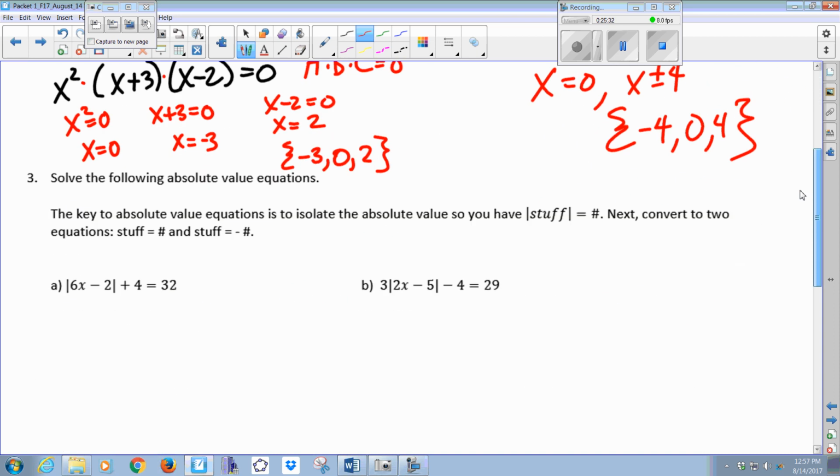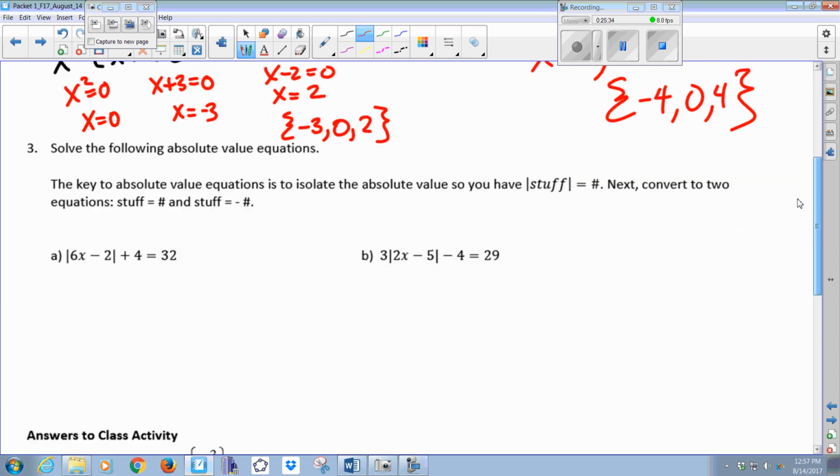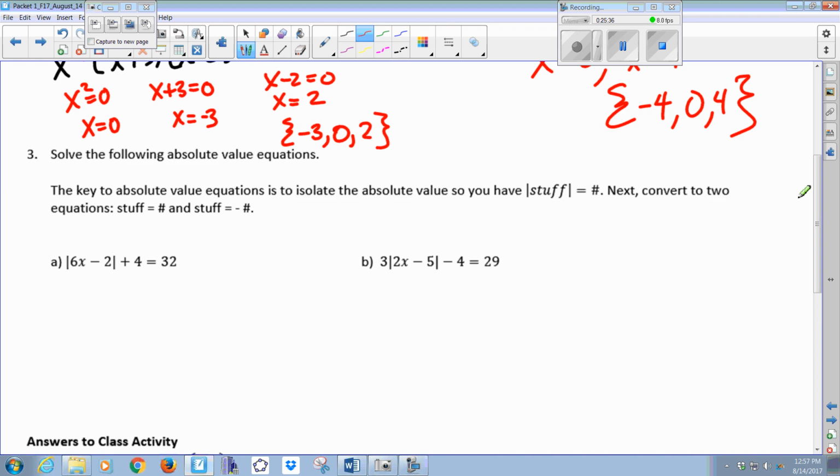Okay, and finally, even though we started off the demonstration with the absolute value equations, we've saved them for the last. So the key to absolute value equations is to isolate your absolute value on one side of the equation and your constant on the other. Okay, so now you have the absolute value with some kind of stuff inside, an algebraic expression.